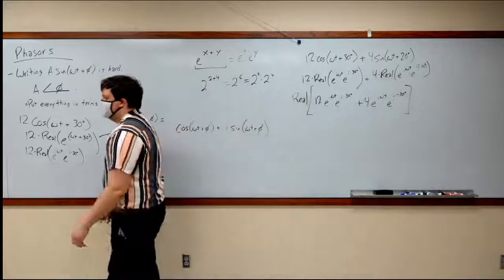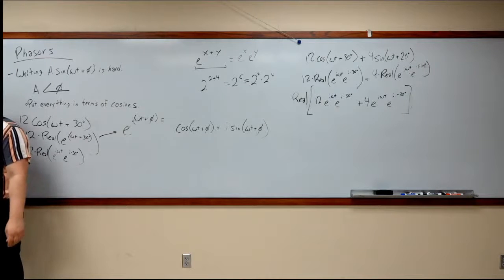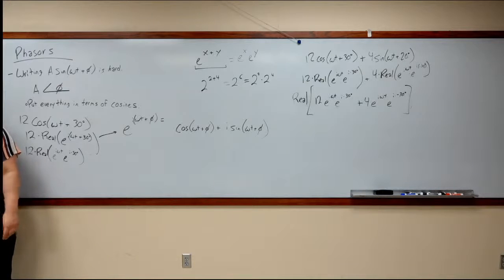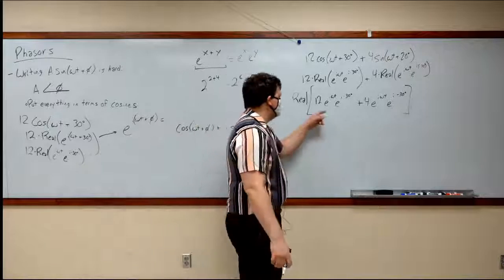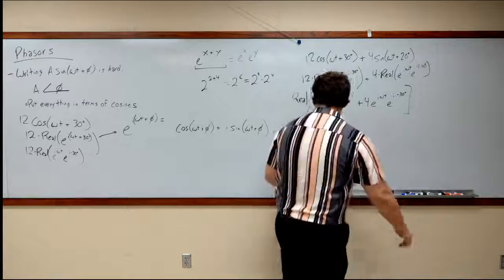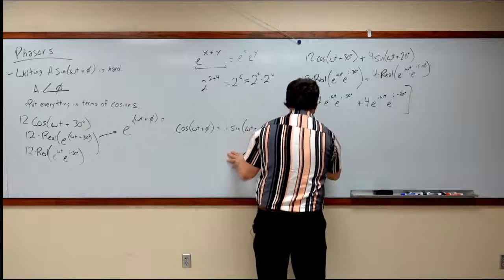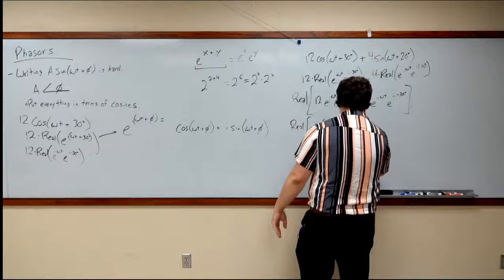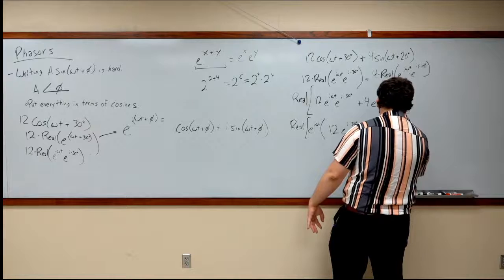This shouldn't be too hard to add together now, right? Well, it's not, but you are going to have to know how to use right triangles. First of all, we have the I omega t in both of these functions, so we can take that out. It becomes e to the I omega t times 12 e to the I times 30 degrees plus 4 e to the I times negative 70 degrees.